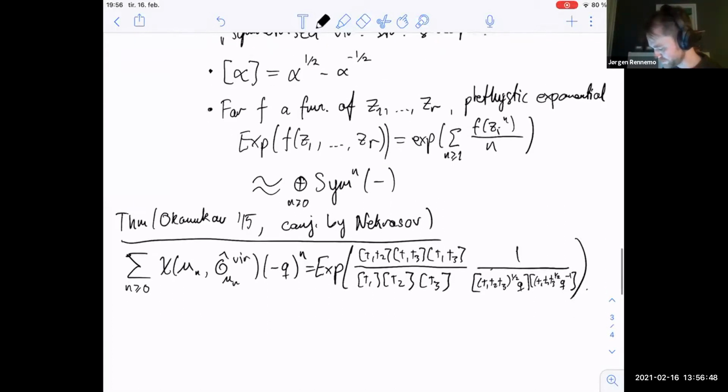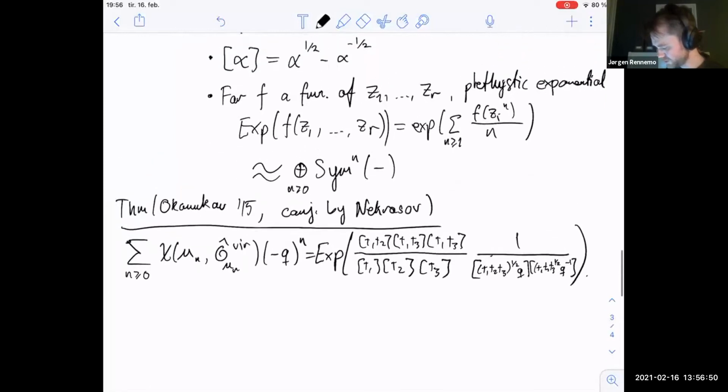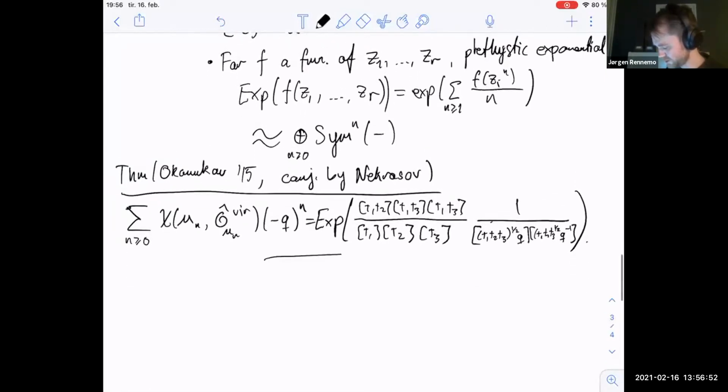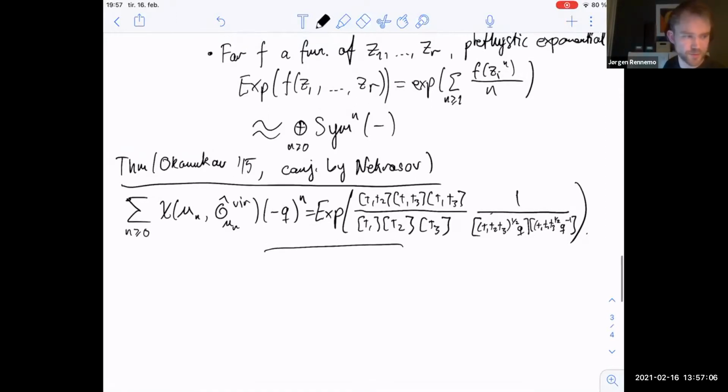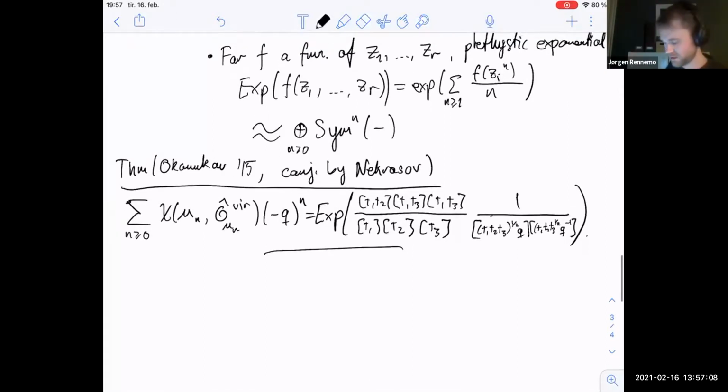Okay, so suppose we now try, just naively, to do the same thing in 4 dimensions. Suppose we want to define something like DT invariants in 4 dimensions.